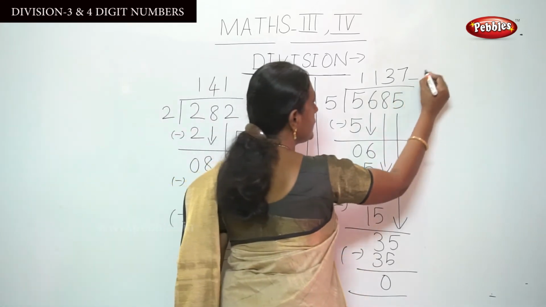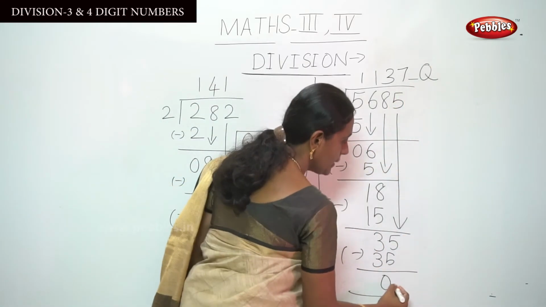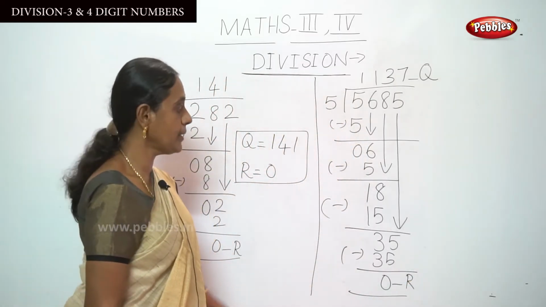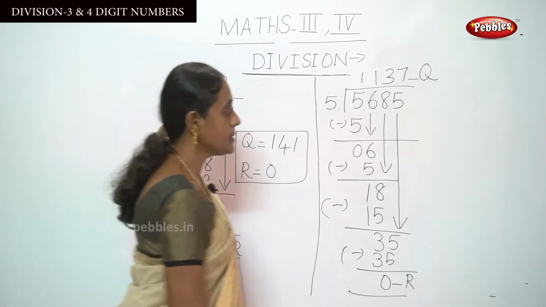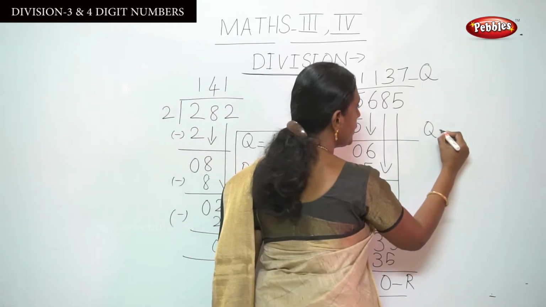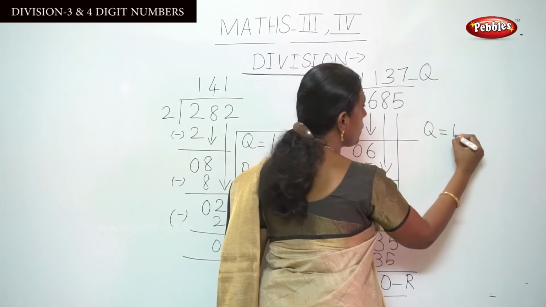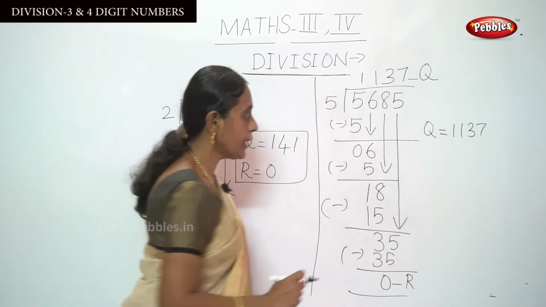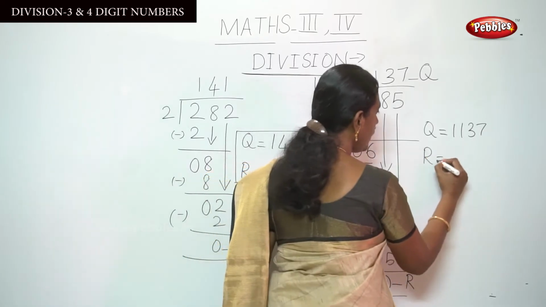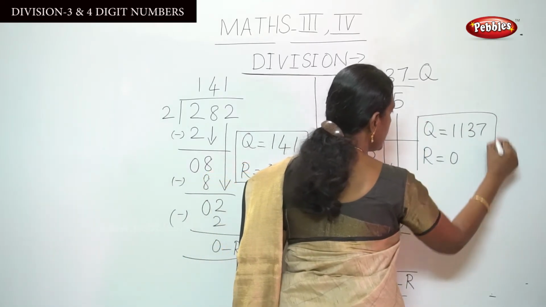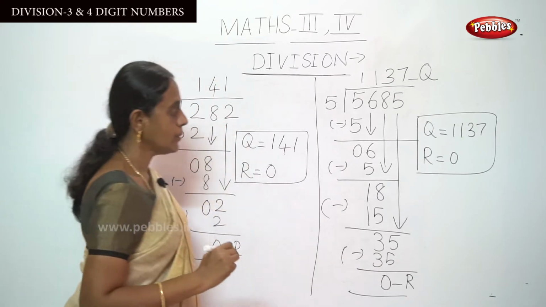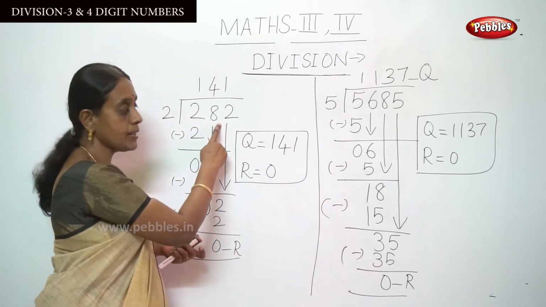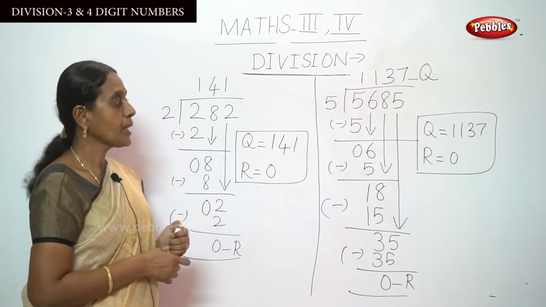Write down here Q and R. Q means quotient and R means remainder. So write Q is equal to 1137, that is the quotient, and remainder R is equal to 0.